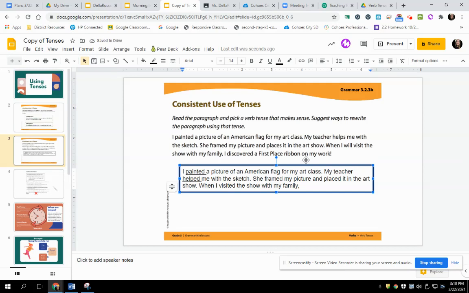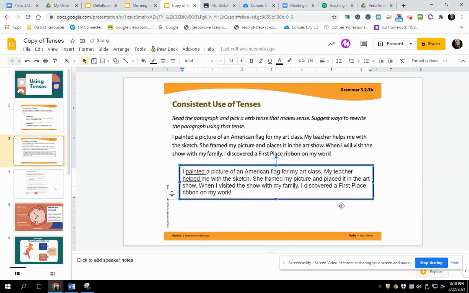Let's see, the next part says, I discovered a first place ribbon on my work. Well, discovered ends in ed, so that tells me it's already in the past tense. So we could keep that the same. Oops, made a little mistake. I'm going to go back and fix that right now.